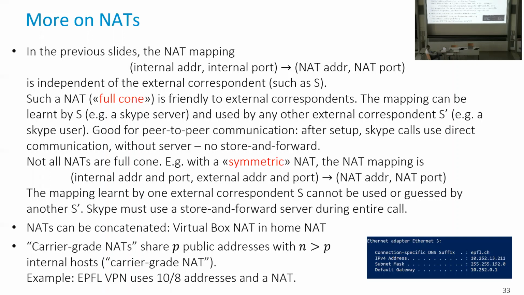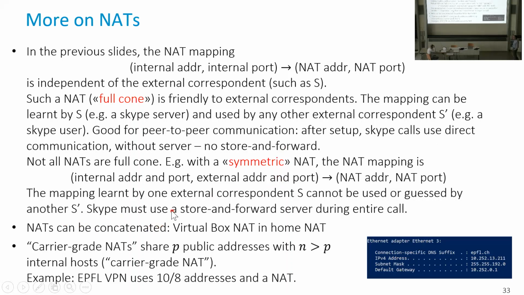In the NAT mapping table, the NAT will validate whether a packet comes from a given external address and port, and if not, it will not forward it. This is more secure, but it means that things like Skype don't work in peer-to-peer mode. You need to go through a server. And also things like Teredo will have a hard time working. In practice, we found that many Miredo systems that we work with don't always work well. This is because of symmetric NATs, typically.